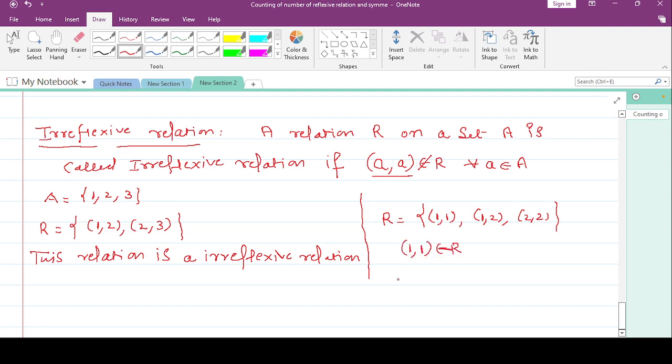So this relation is not an irreflexive relation, because we have the same type of ordered pair inside the relation. So this is a reflexive relation.